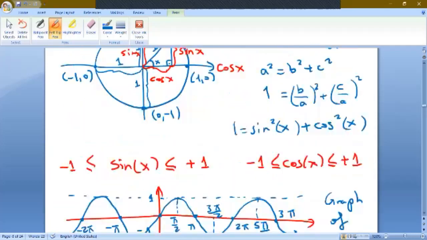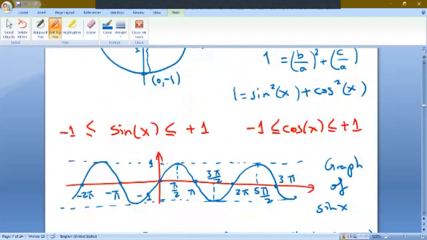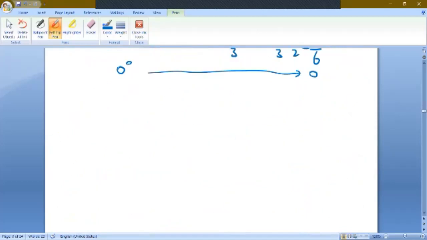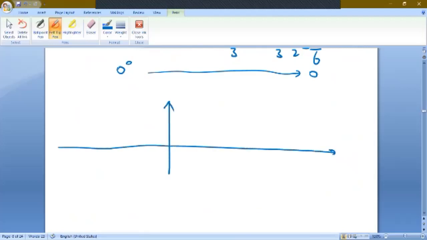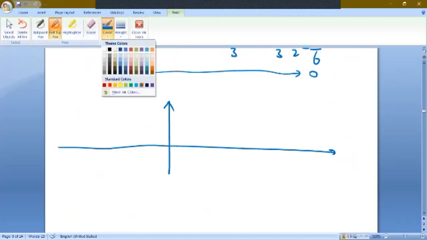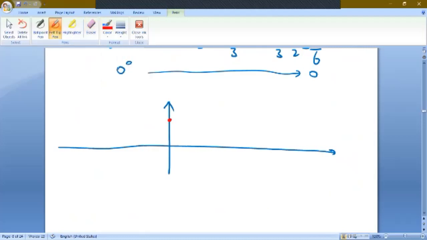And the graph of sine, as you see, oscillates between +1 and -1. It keeps oscillating. And cosine is similar. So it's here 1. Again, it oscillates between +1 and -1.